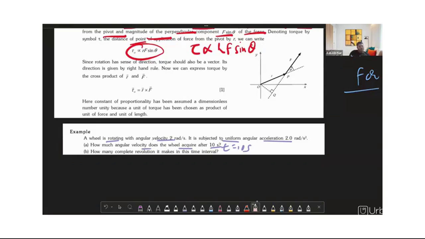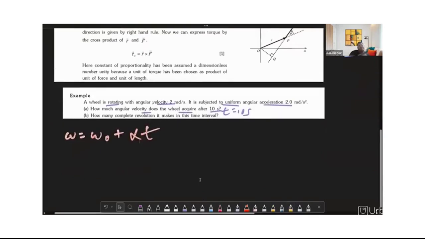That's the first part. For calculating it, we must know that angular velocity is equal to omega naught plus alpha t. This is just in corollary with rectilinear motion, where we write v is equal to u plus at.